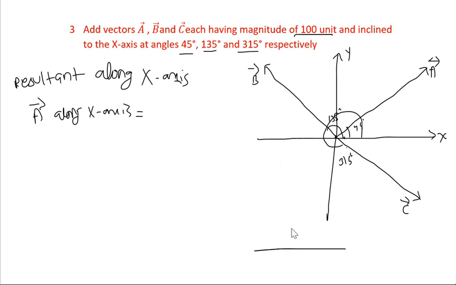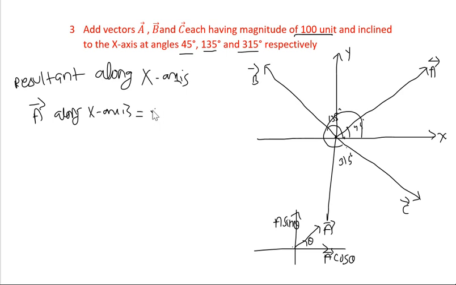let some vector be like this and it makes an angle theta. Then as we know, if it is vector a, then along the x-axis it becomes a cos theta, and along the y-axis it is a sin theta. So we break the vector like this.